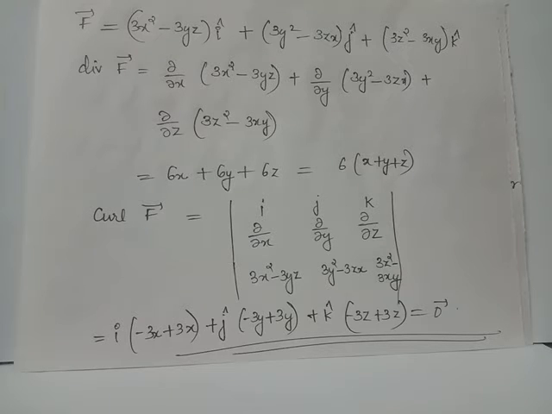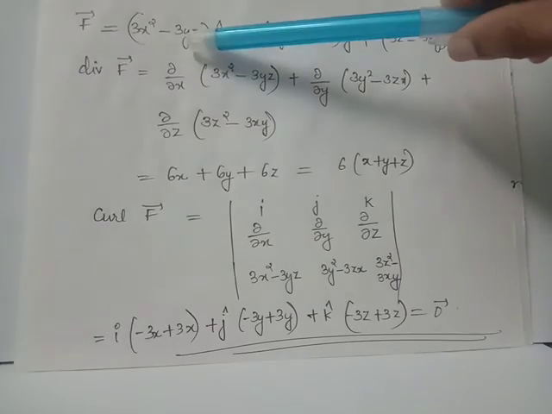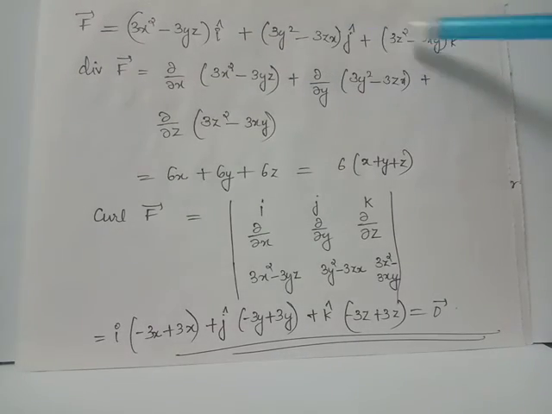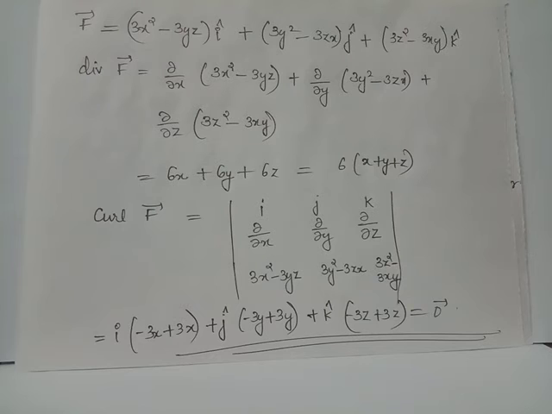Now we will evaluate the divergence of this vector function f bar. We have divergence of f bar equals dou by dou x of the component 3x square minus 3yz, plus dou by dou y of the component 3y square minus 3zx, and dou by dou z of the component 3z square minus 3xy. If you consider these as f1, f2 and f3, we have divergence of f equals dou by dou x of f1 plus dou by dou y of f2 plus dou by dou z of f3.